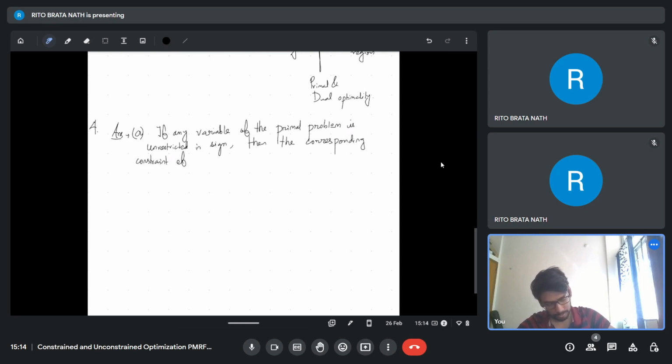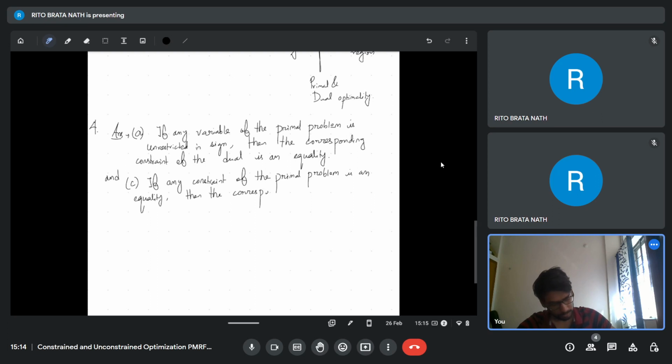And C tells you: if any constraint of the primal problem is an equality, then the corresponding variable of the dual is unrestricted in sign.